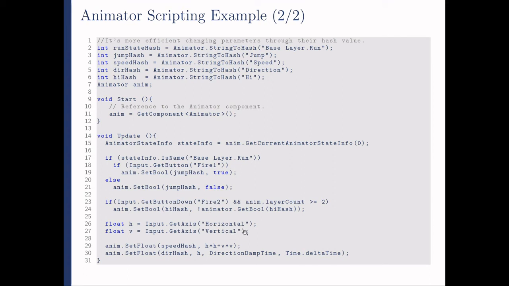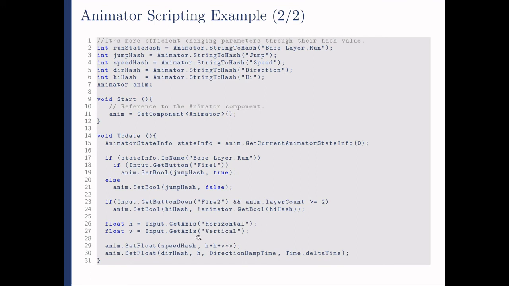Finally, we are taking 2 different values, H and V, for the movement. We have seen this before, and we can just set the parameters for these particular values through the hashes themselves. So you have the animator and the parameter speed. Remember that this comes from here. You calculate the speed that this input is providing to the player, and this is a float value that is going to be set into the speed hash.